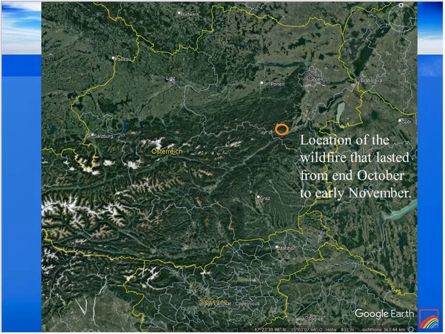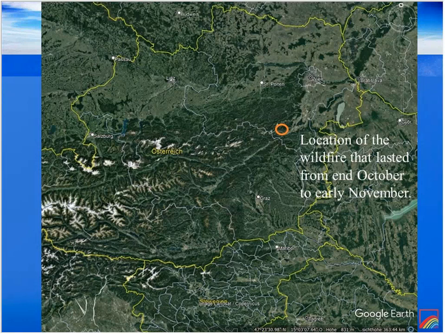There was a wildfire end of October, early November in Austria that was, from the intensity, like never before. I mean, it's still not comparable to wildfires in Portugal, Greece, Italy, but for Austria, it was really a wildfire that was exceptional.